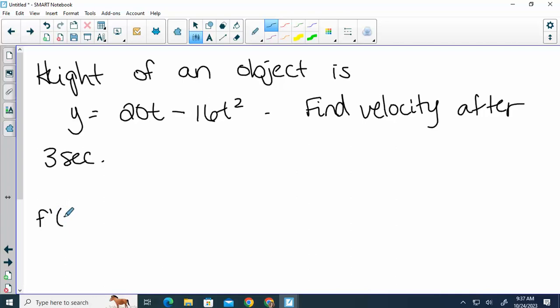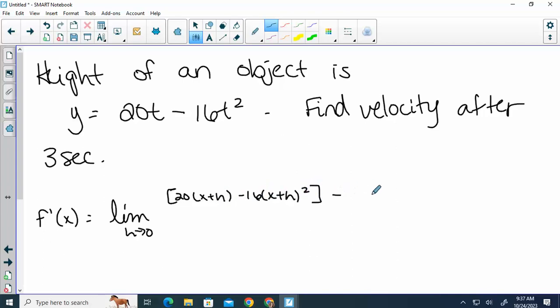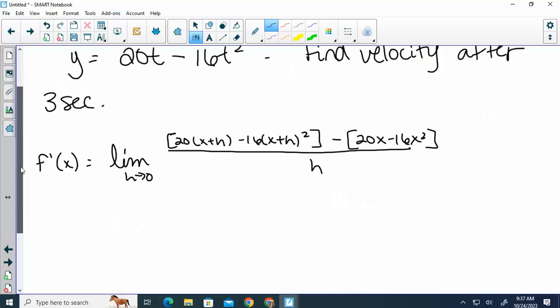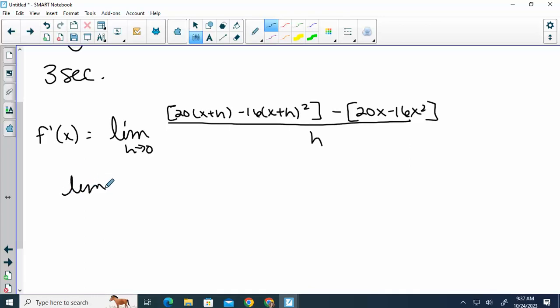So we need to find our f prime of x. So the limit as h approaches 0, f of x plus h minus f of x all over h. So multiply everything out.